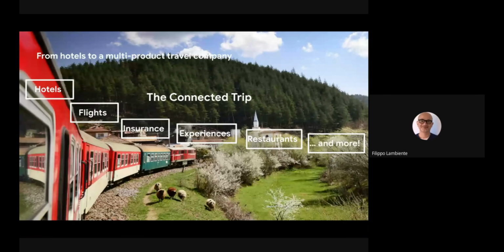In this way it's possible to create bundles that put together different products and services offered by different actors. That can be an insurance company, an airline, or the hotel booking system.